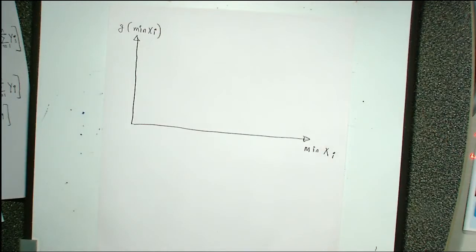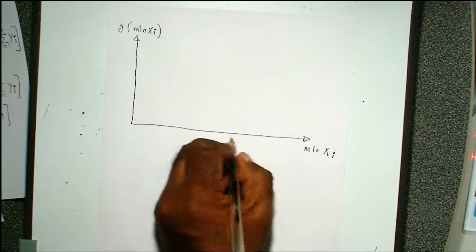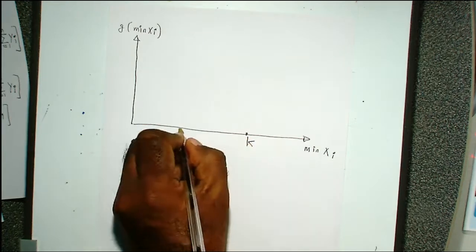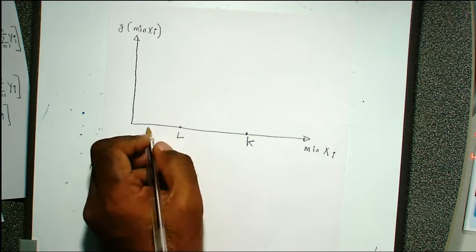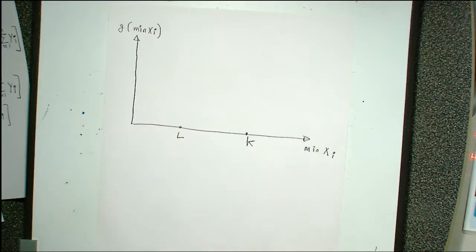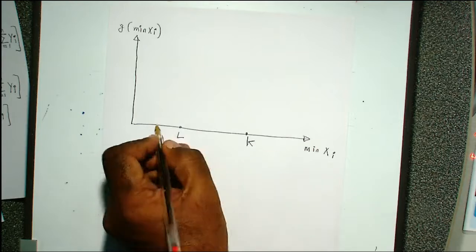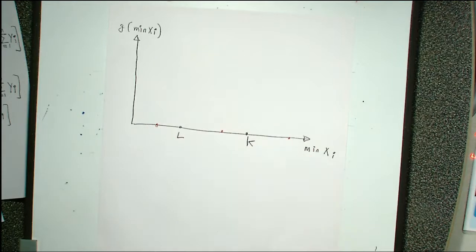Let's take the 2 points where suppose this is k and suppose this is L, and we are told that k is greater than L, so it should be like this, right? The easy way to plot this is to take 3 points, 1 point here, a point here, and a point here, and check what value the function takes at these 3 points.